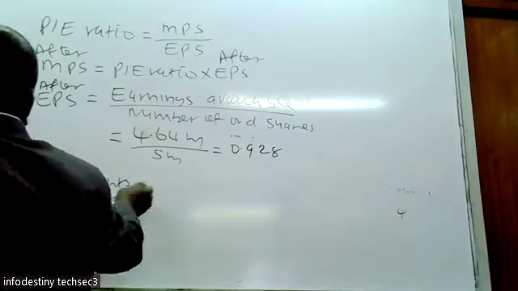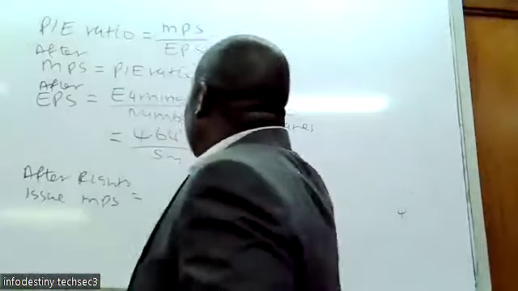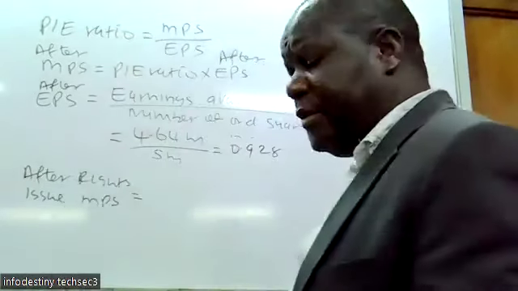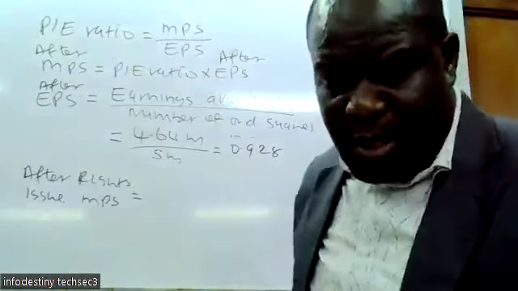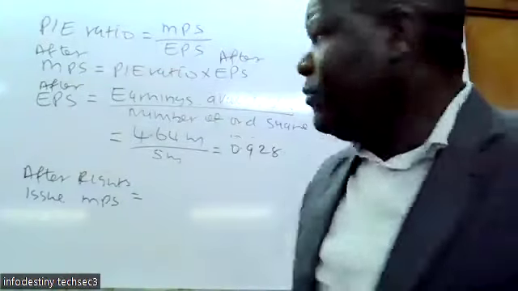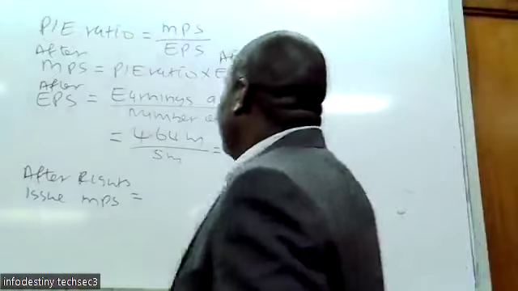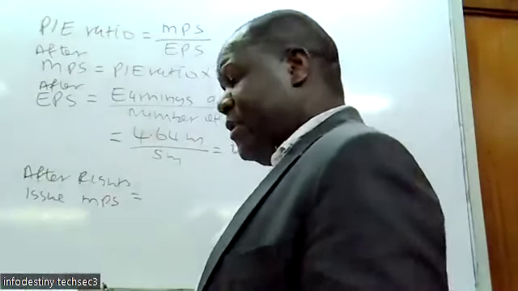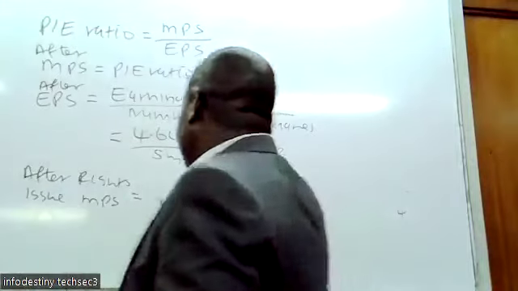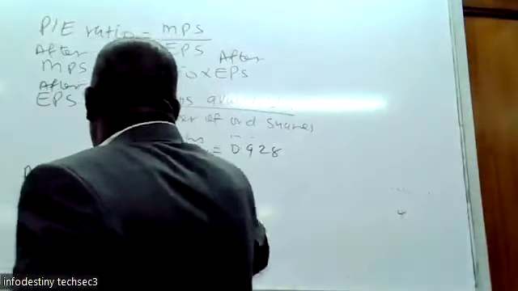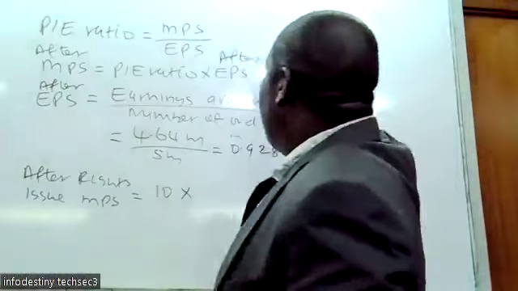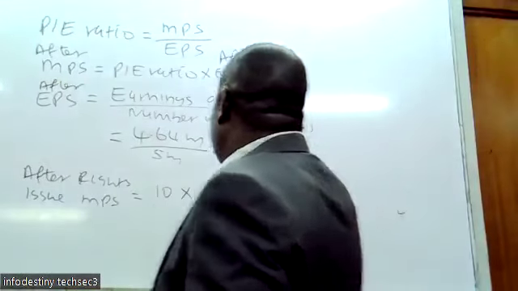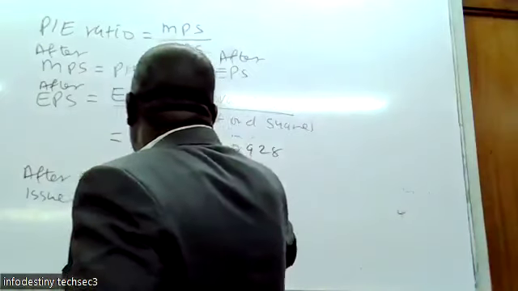Price earning ratio always remains constant. We are using that price earning ratio. Remember, it was given as 10. Then for the after earning per share, we now use 0.928.